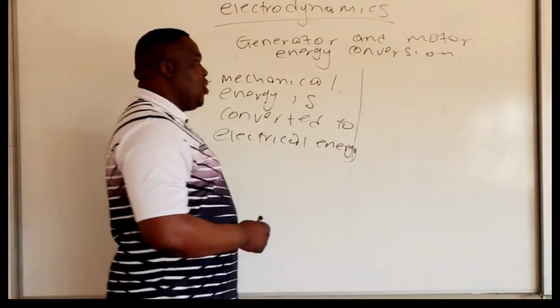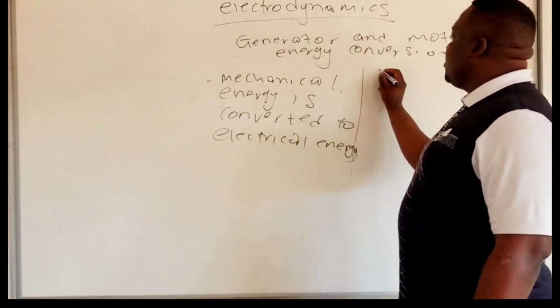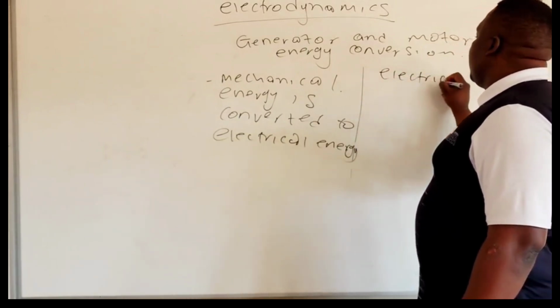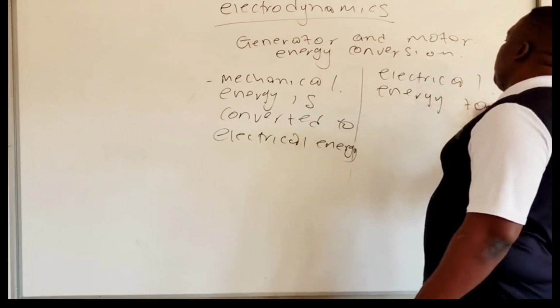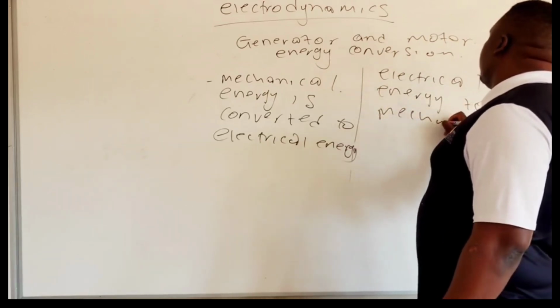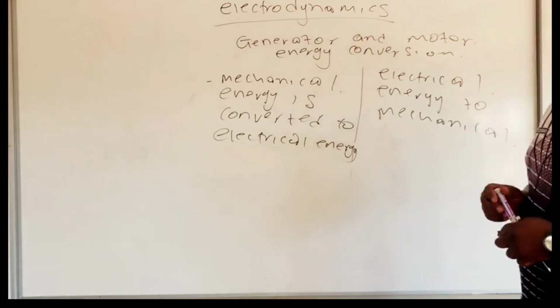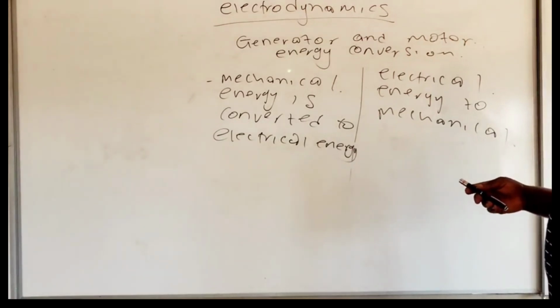Then what about a motor? A motor does the opposite. A motor will convert electrical energy to mechanical energy. So these are the main differences between a generator and a motor.